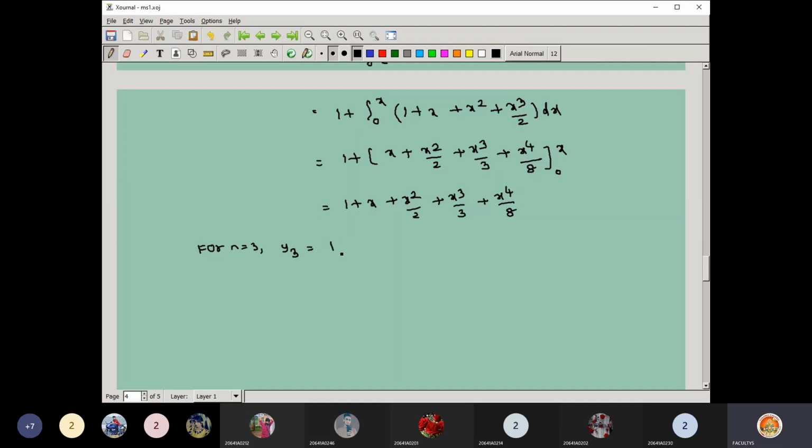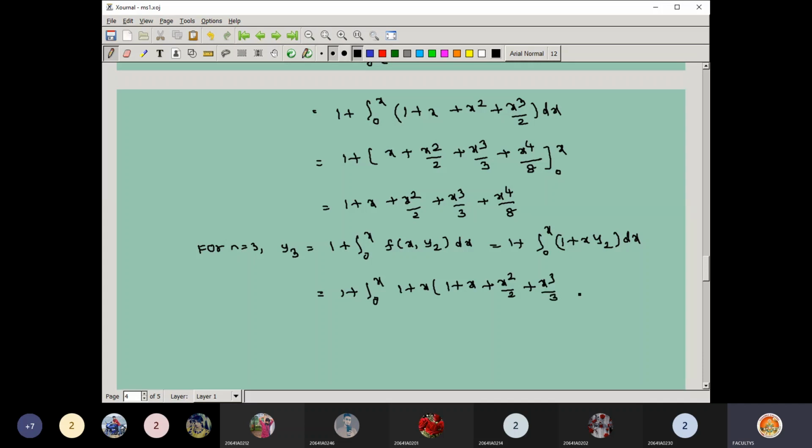It becomes 1 plus integral 0 to x f of x comma y2 dx. So 1 plus integral 0 to x, it is looking like 1 plus x into y only, but it is y2. It is of dx. So 1 plus integral 0 to x, 1 plus x into y2, already calculated: 1 plus x square by 2 plus x cube by 3 plus x to the power of 4 by 8.